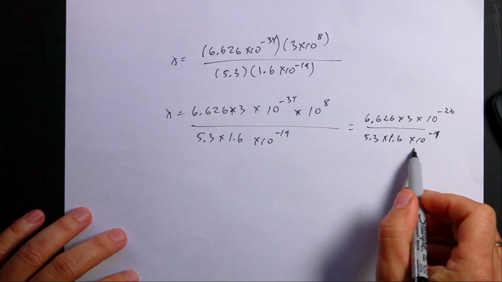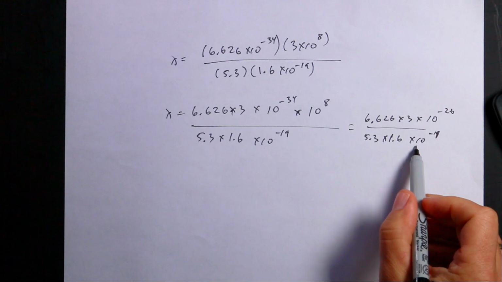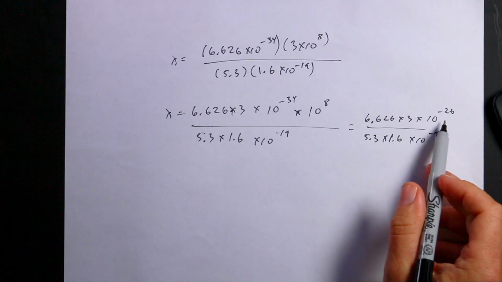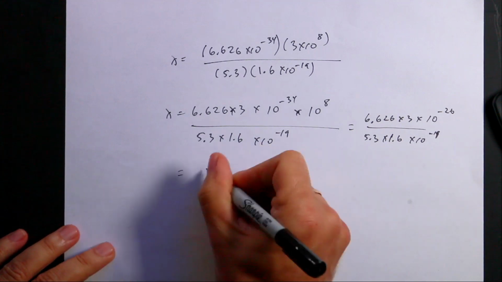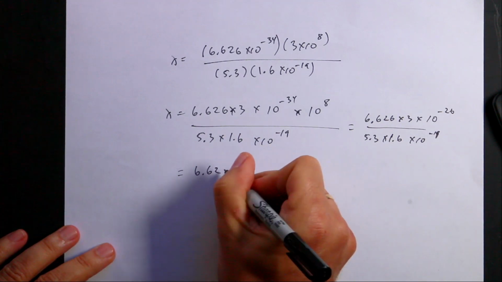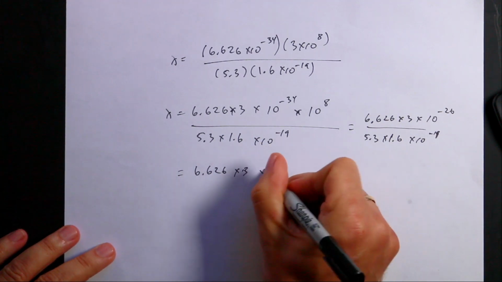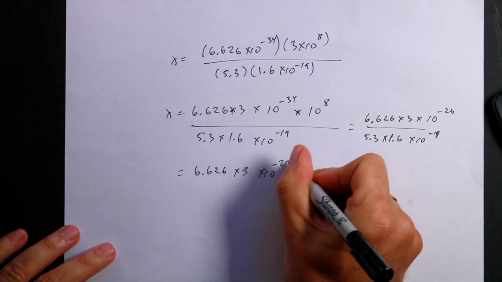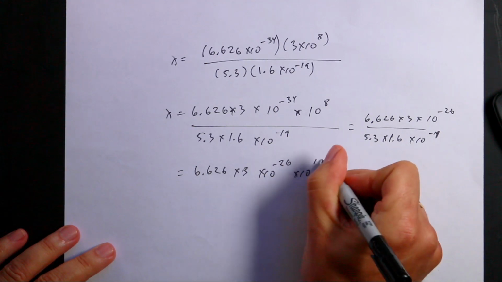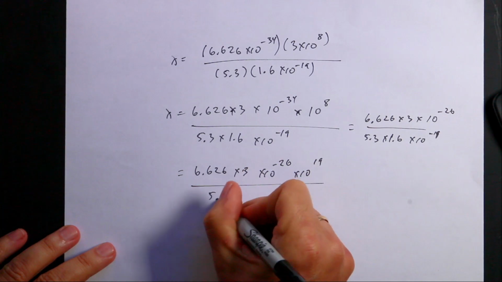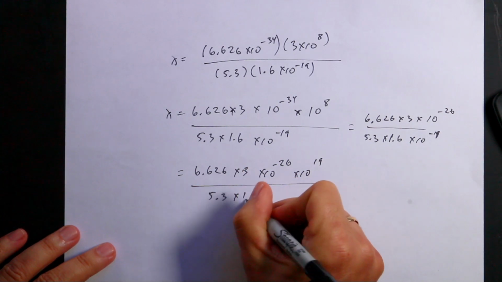Now I can get rid of this, right? If I have 10 to the negative 19th on the bottom, that's the same as 10 to the 19th on the top. So this is going to be equal to 6.626 times 3 times 10 to the negative 26 times 10 to the 19th, all of that over 5.3 times 1.6.